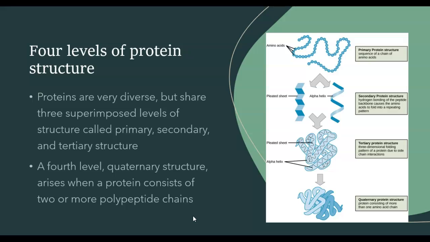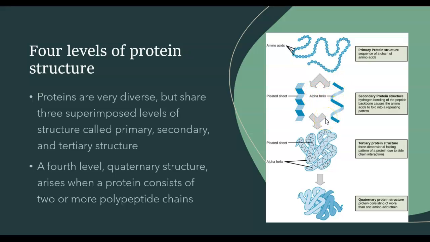There are 4 levels of protein structure, okay? They have these things in common. All functional proteins have 3 levels of structure. They have the primary, which involves the specific sequence of amino acids. They have a secondary structure, which has to do with the hydrogen bonding of the peptide backbone. It causes the amino acids to either fold or twist like this.